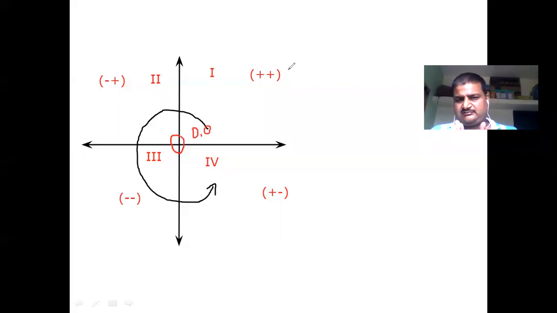Now you are okay with the coordinate systems. So I request you, without wasting much time, first of all you will have to draw the things which I have presented on the screen in your notebook.